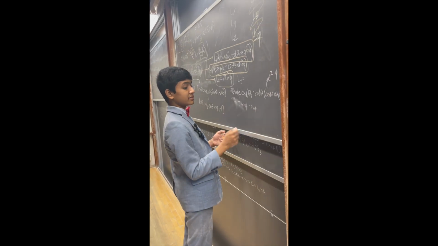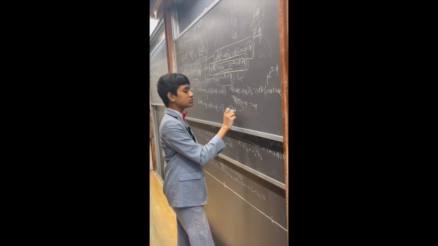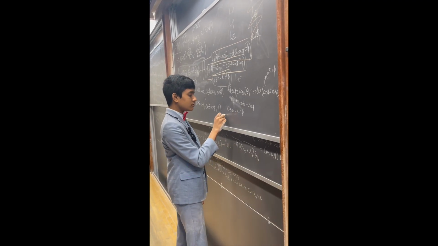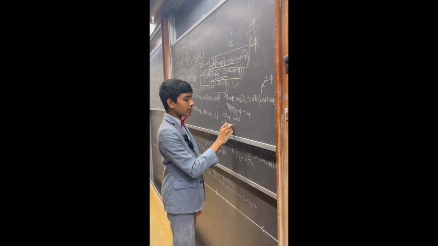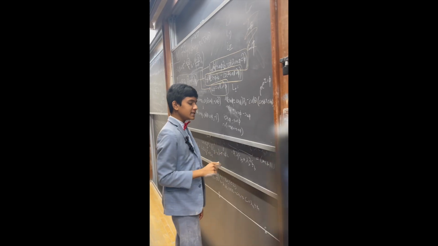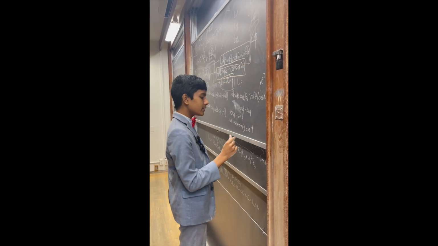Well, you have to do some careful case-by-case analysis. With the positive, i cosine phi minus sine phi is equal to i times cosine phi plus i sine phi, which means that the plus version of this is i e to the i phi.